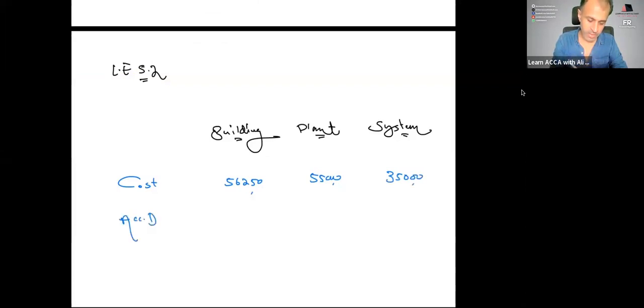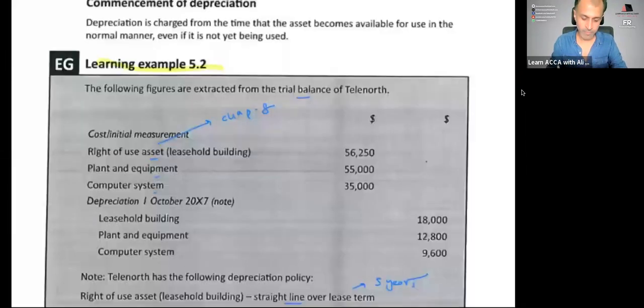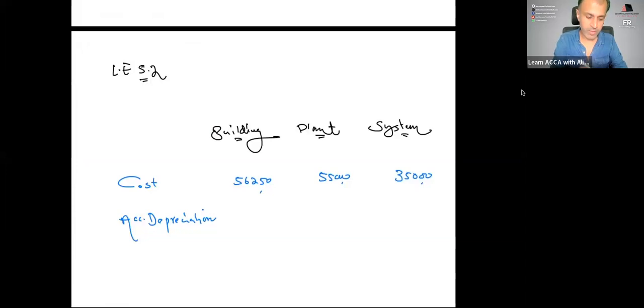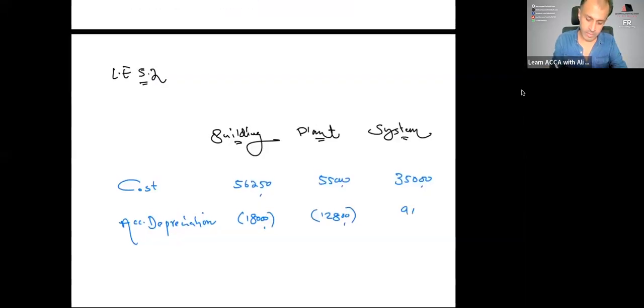And we have accumulated depreciation. We have 18,000, 12,800, and then we have 9,600.